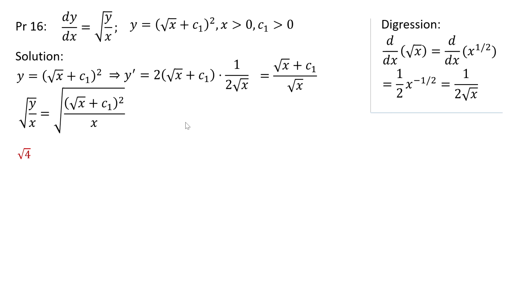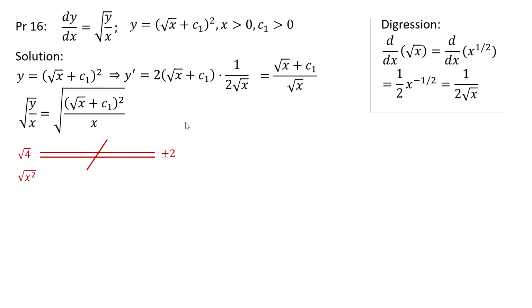That's plus or minus 2. Uh-oh. What's with that? That's not equal to plus or minus 2.